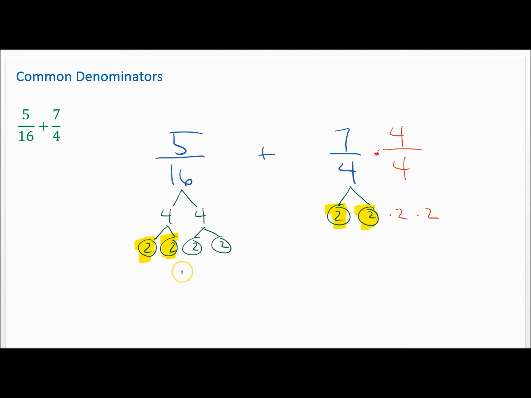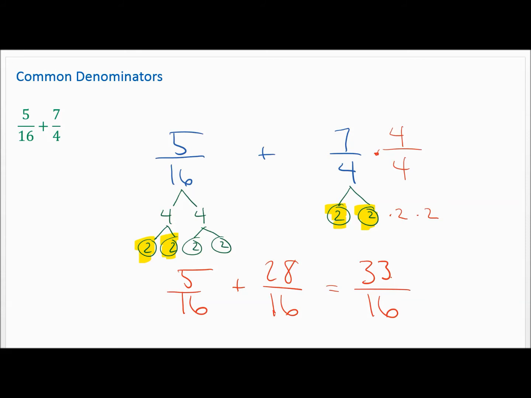So 5 over 16, notice I didn't multiply it by anything, it stays. Plus, over here, 4 times 4 is 16 in the denominator. 7 times 4 is 28 in the numerator. You keep that common denominator of 16, and I add 5 plus 28 together. It gives me 33 over 16.